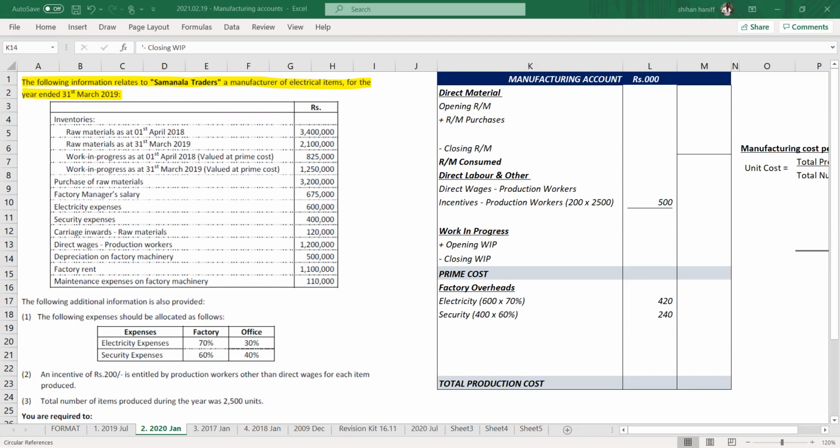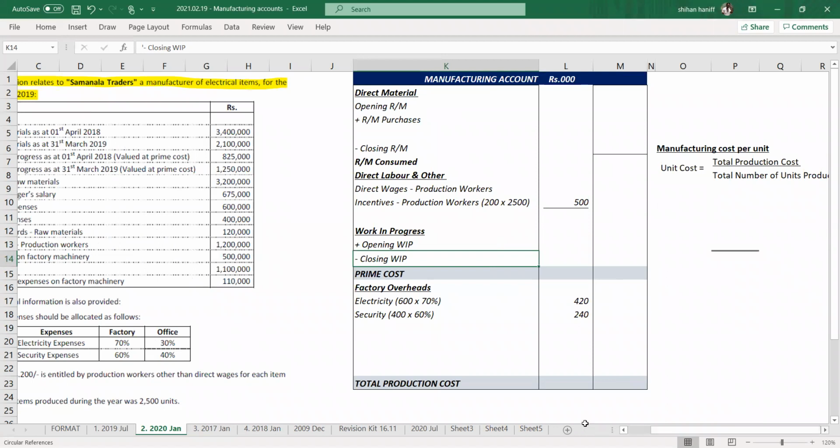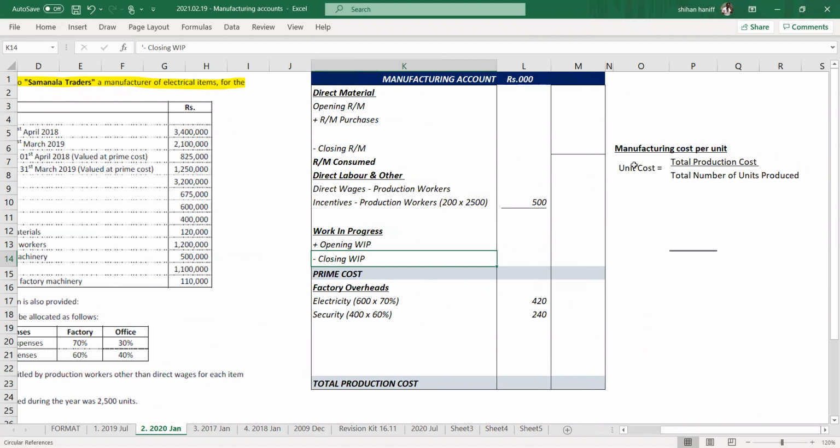Factory rent is overhead, yes. Unit cost is equal to total cost divided by number of units.